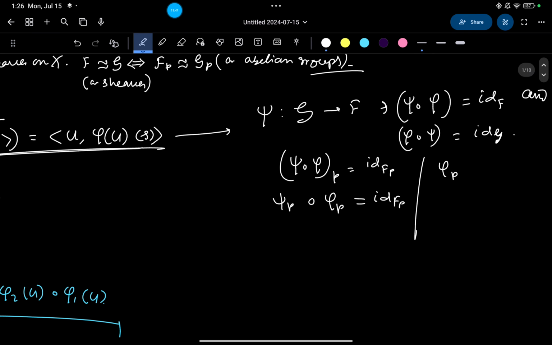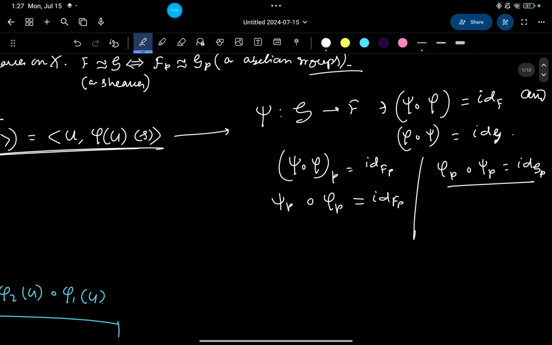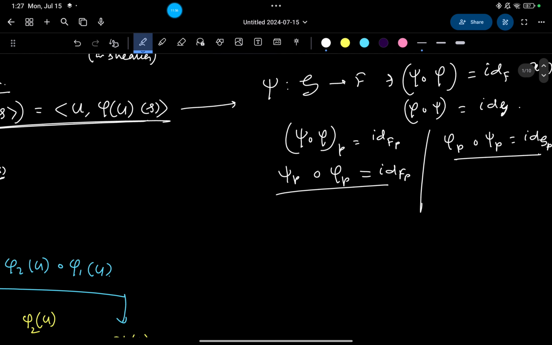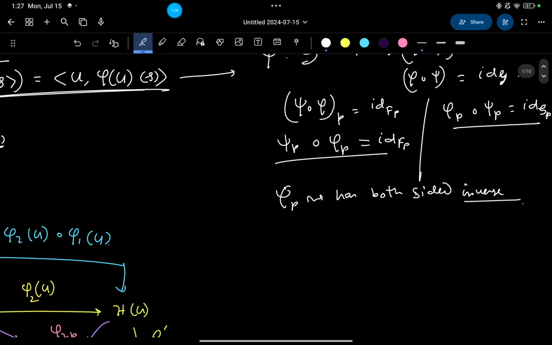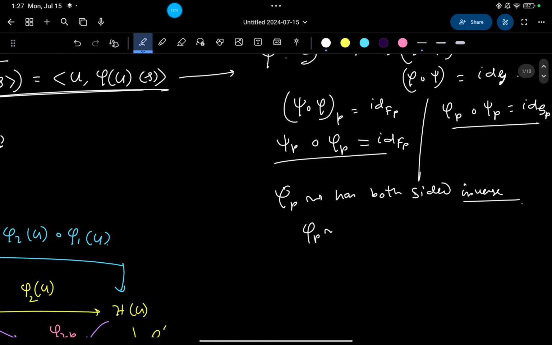Similarly, phi p composed with psi p is identity over gp. As these two maps are identity maps, that means phi p has a both sided inverse. As it has both sided inverse, that means phi p is an isomorphism.